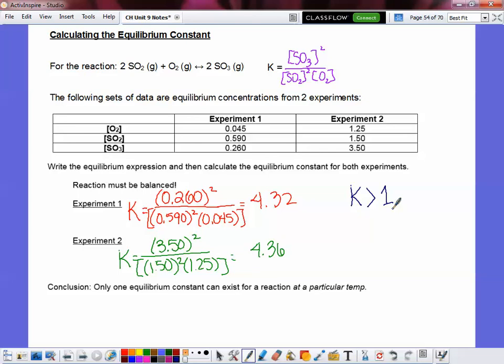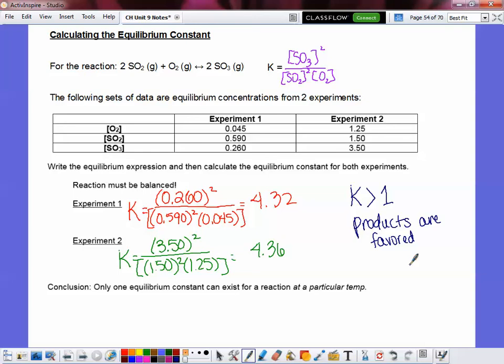When K is greater than 1, the products are favored. That's what we wrote on that previous page. It means that we're going to have more products than we do reactants in general. Okay? More products than reactants.